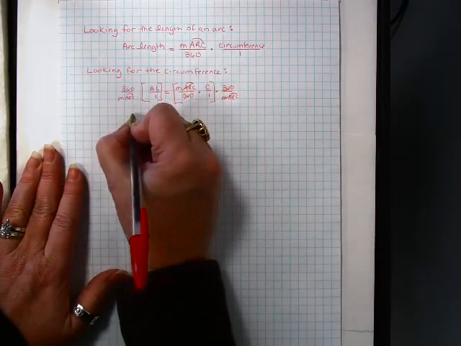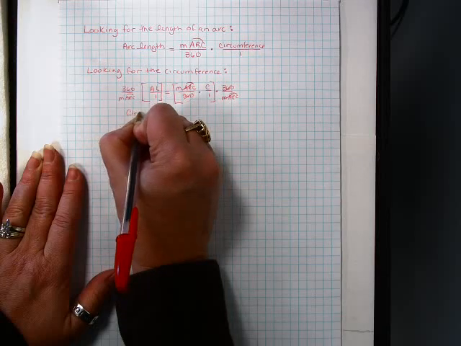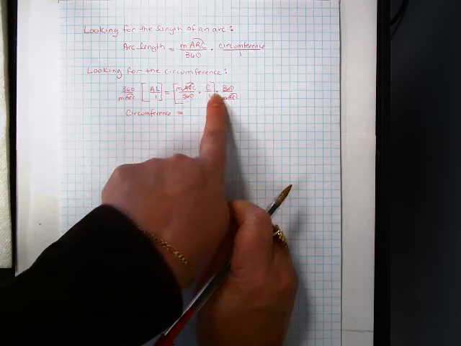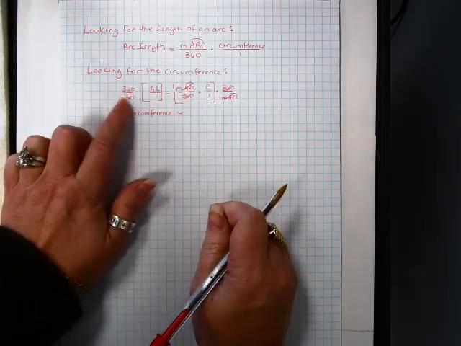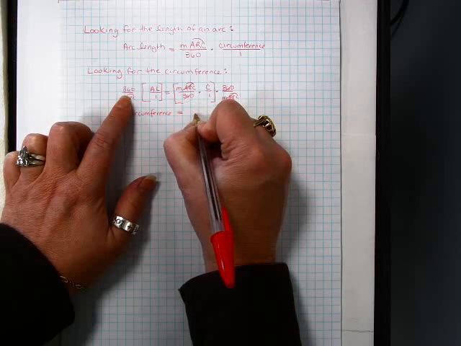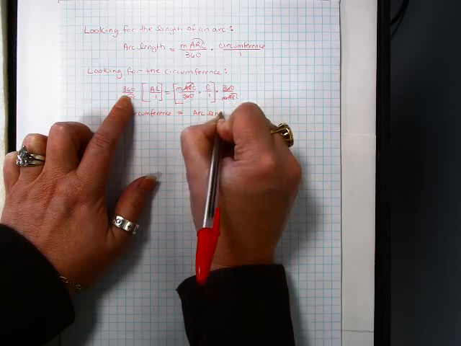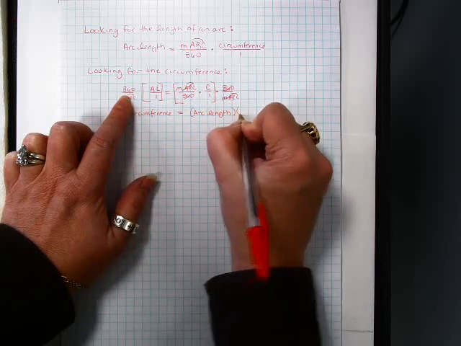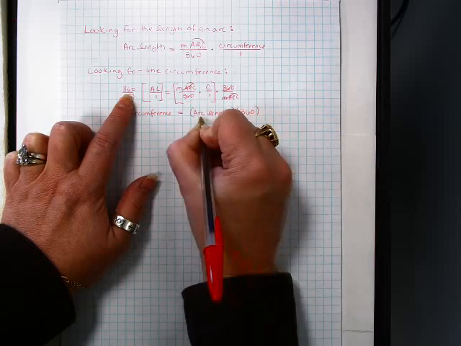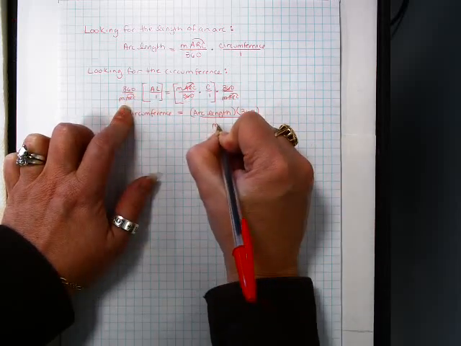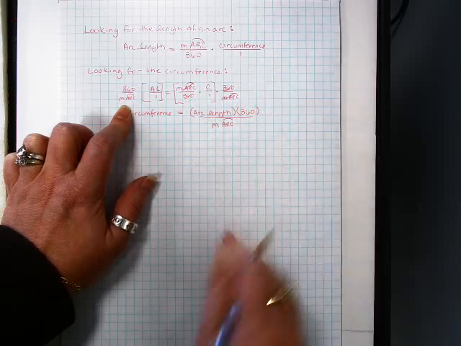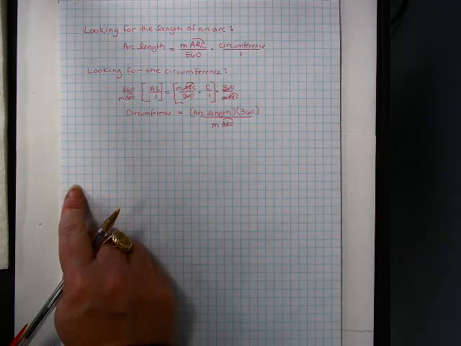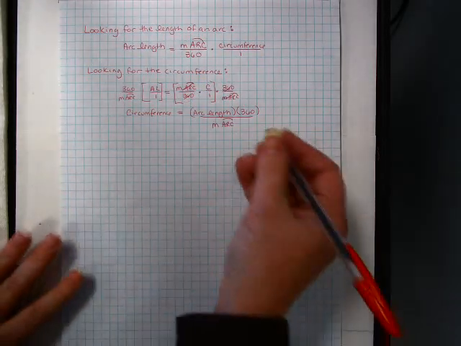So I'm going to write that down over here: circumference equals the arc length, multiply straight across, times 360 over the measure of the arc. Okay. Now, what if I'm looking for the measure of the arc?